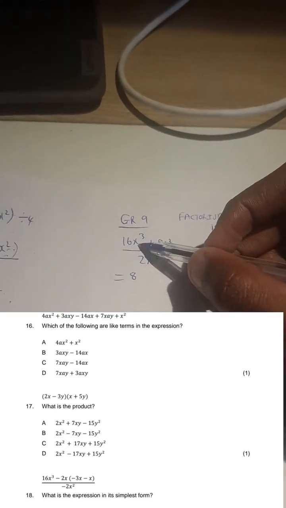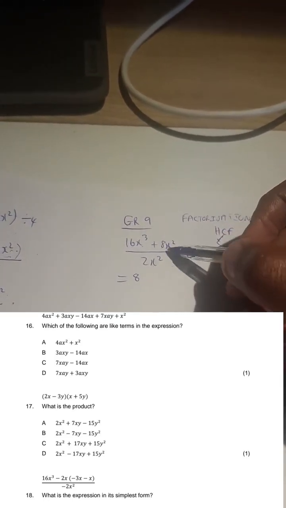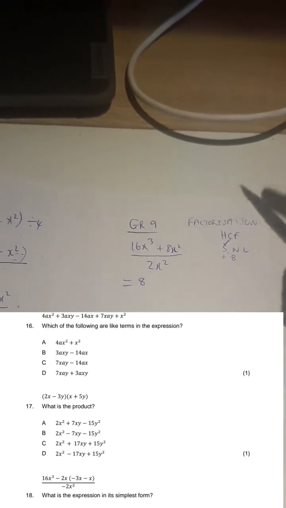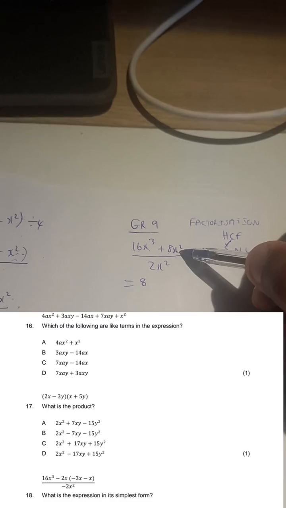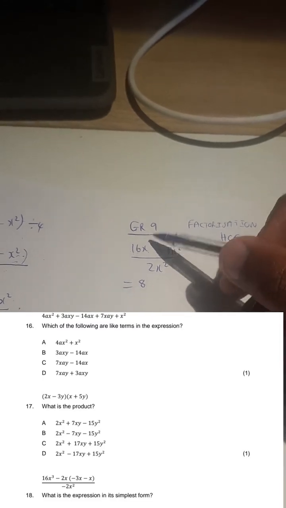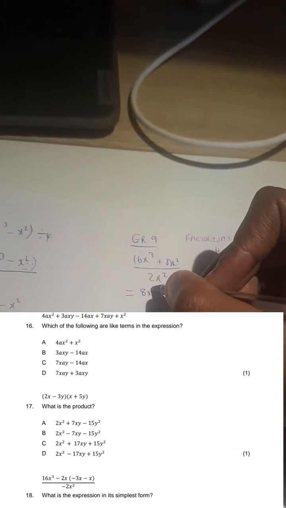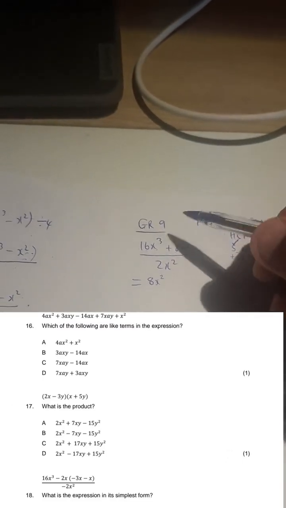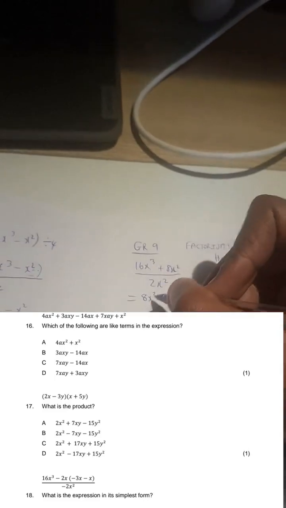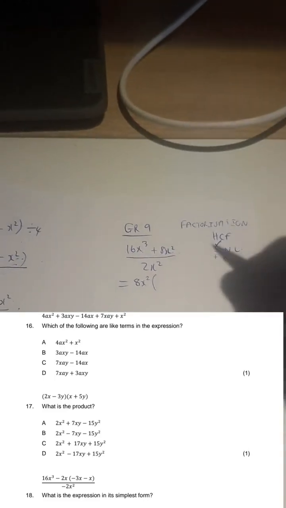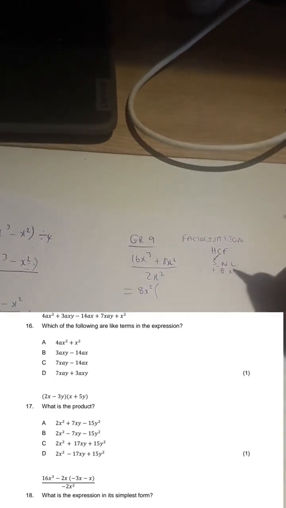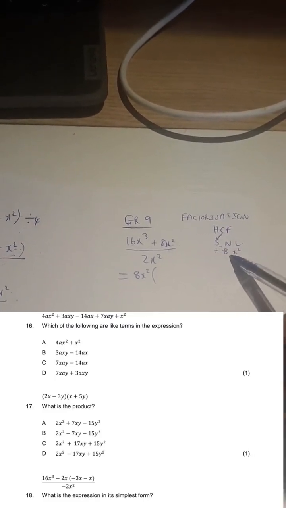Then we go to the letters x cubed and x squared. Remember, when we take out the highest common factor letter, we take out the common base with the lowest exponent. So the highest common factor letter variable is going to be x squared. Then I open brackets. So that means my highest common factor is positive 8x squared.